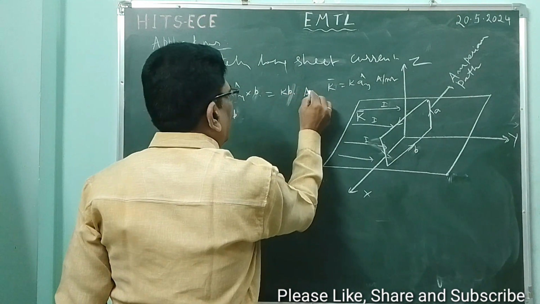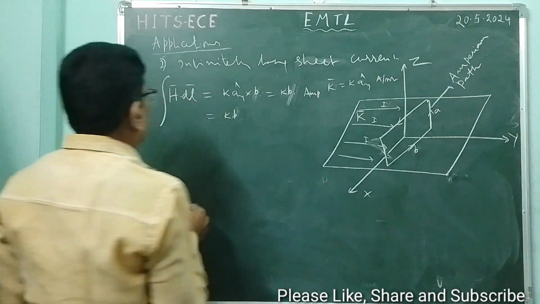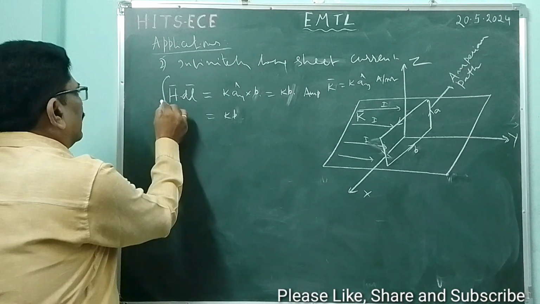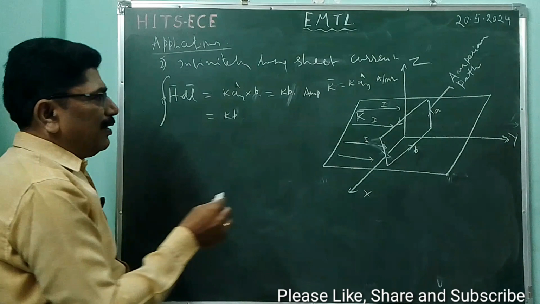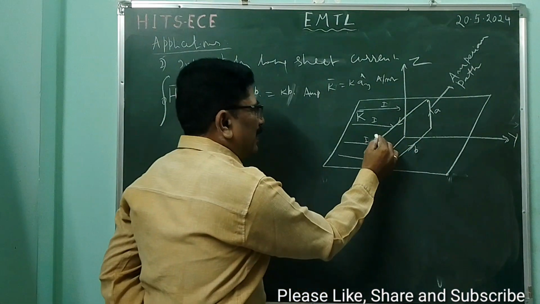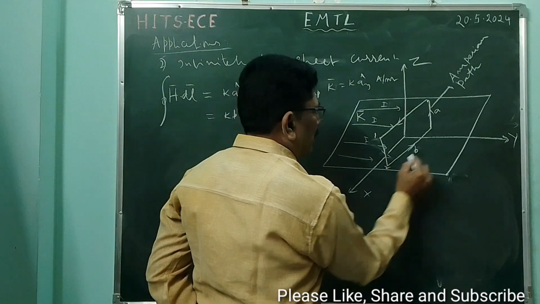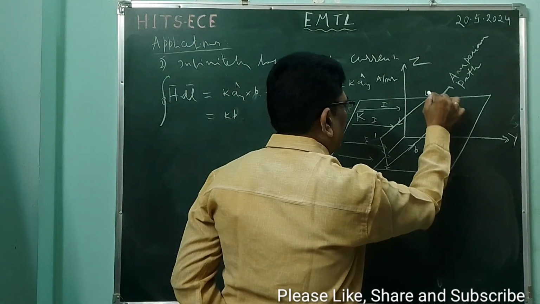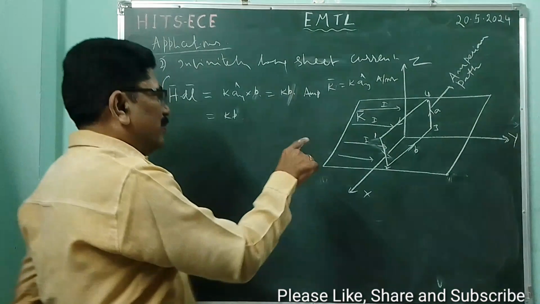K into B amperes. Okay, let us find out this H dot dl for this Amperian path. Let the path be 1 to 2, 2 to 3, 3 to 4. Okay, let us consider the path 1 to 2 now.